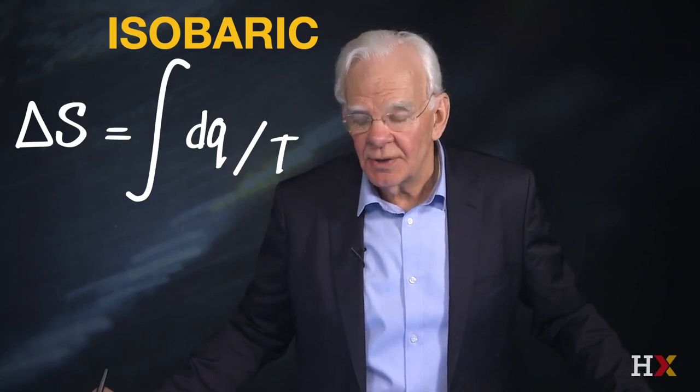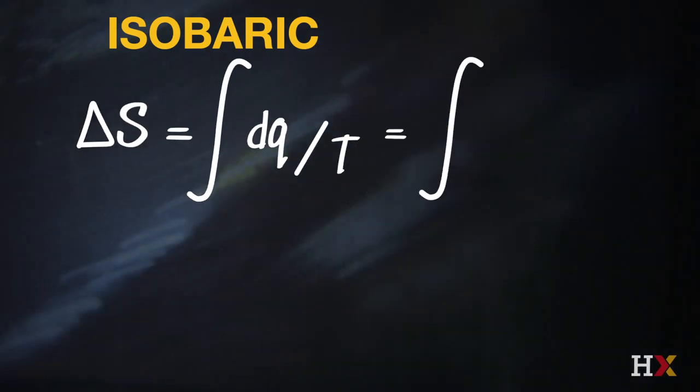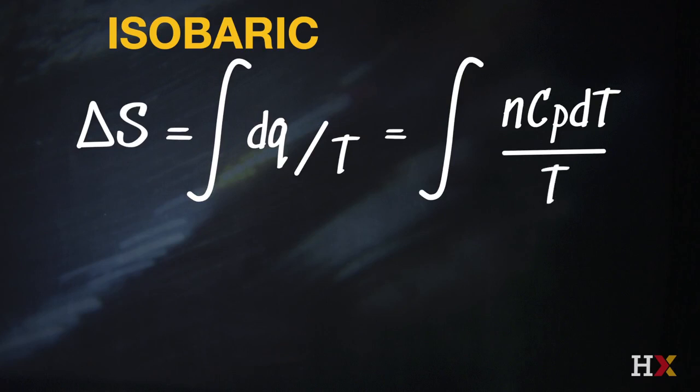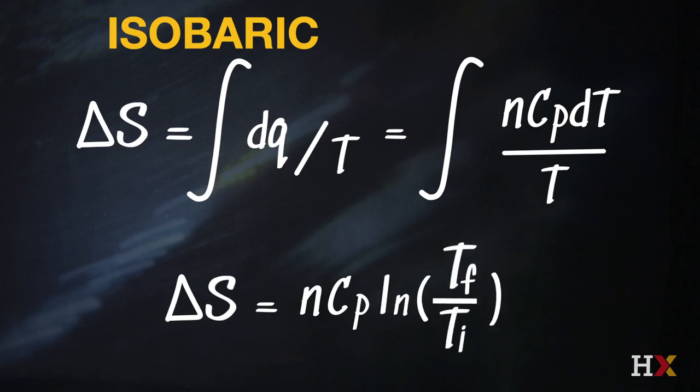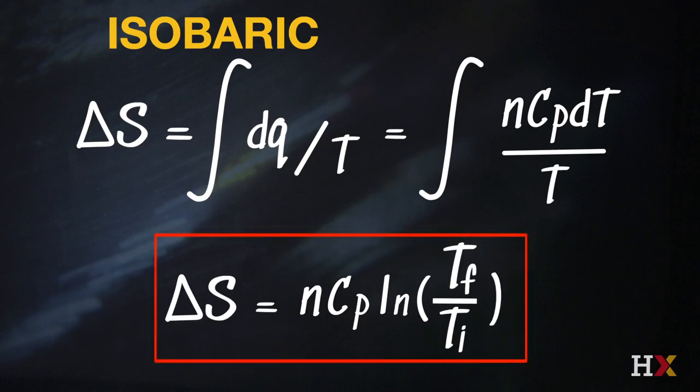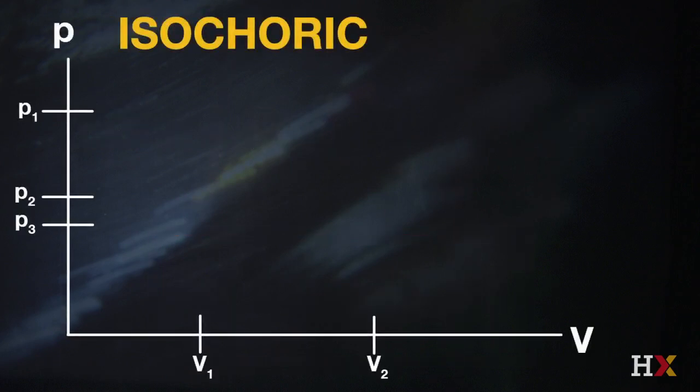And so we know that the heat added along a constant pressure surface is equal to the number of moles times the molar specific heat capacity times the change in temperature, and we have to divide through by the temperature, and that gives us the quantity, the number of moles times the molar specific heat capacity at constant pressure times the logarithm of the final temperature divided by the initial temperature, because we went from T initial to T final in our integral. Now we move on to the isochoric case.